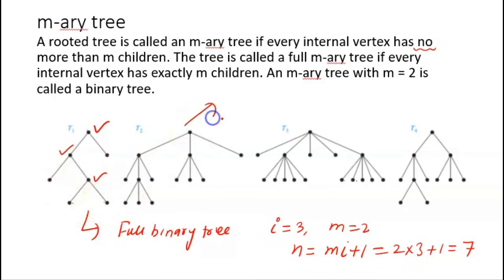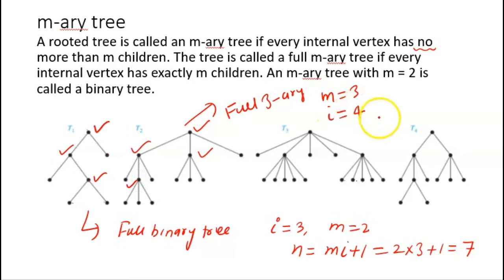If you take this example, it was a full 3-ary tree, right? So what is m? m is 3. And what is I? How many internal vertices are there? This is one internal vertex, this is second, this is third, and this is fourth. So total internal vertices are 4. So the total number of vertices n will be 3 into 4 plus 1, that is equal to 13.